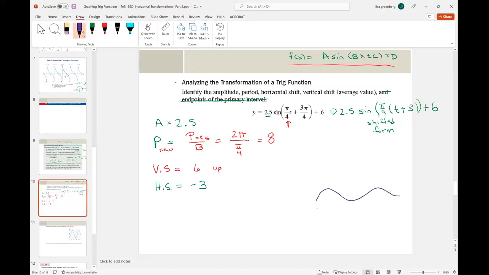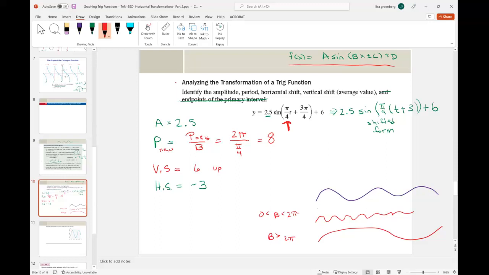If this is a graph of a period and I want to make it go faster, then I have to compress it.